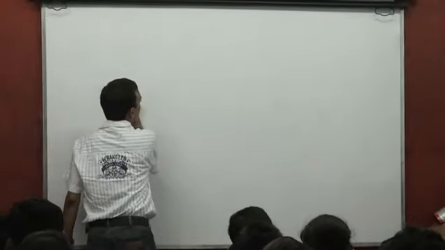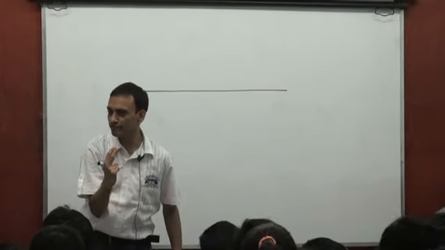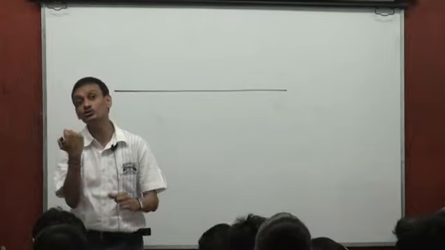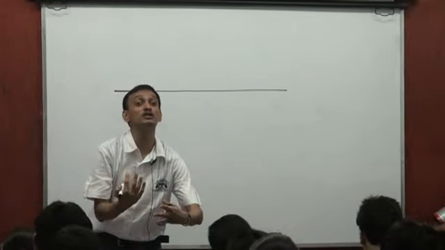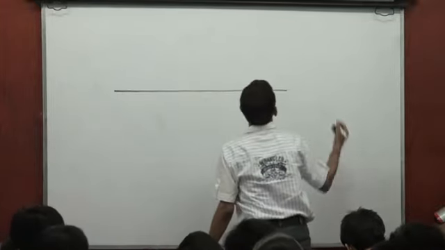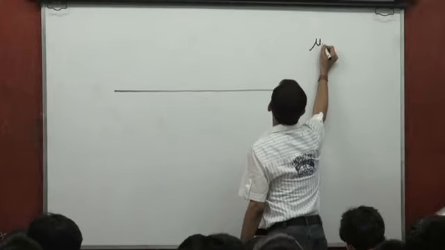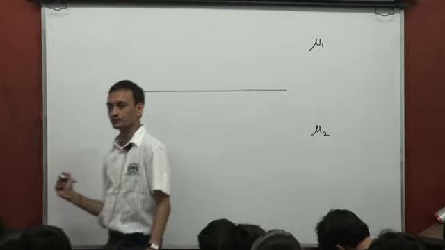When we talk of refraction, we talk of two distinct optical media, meaning a pair of optical media with different refractive indices. So suppose this is a medium with a refractive index mu1 and this is a medium with refractive index mu2.